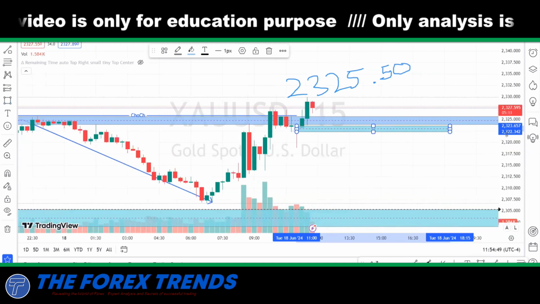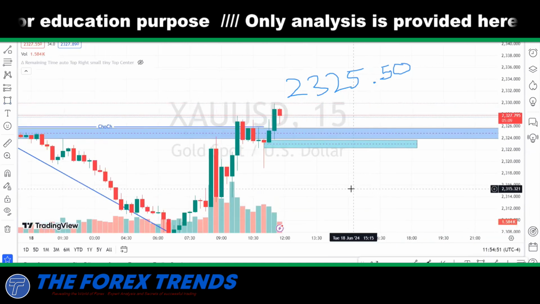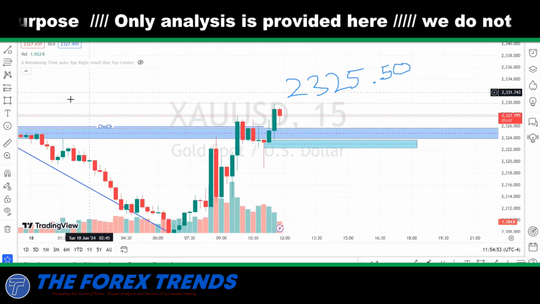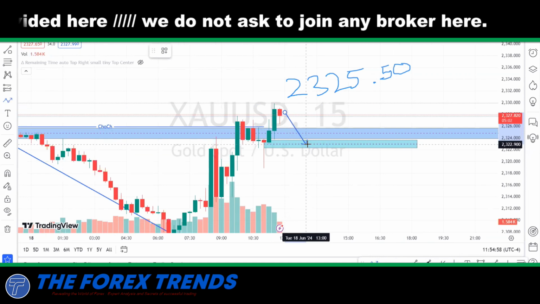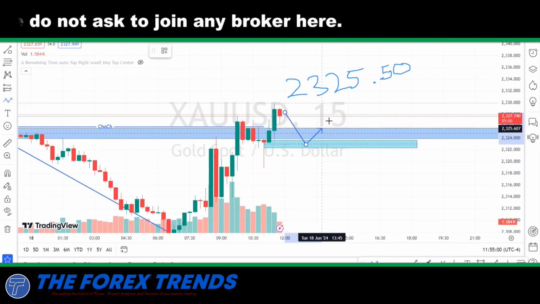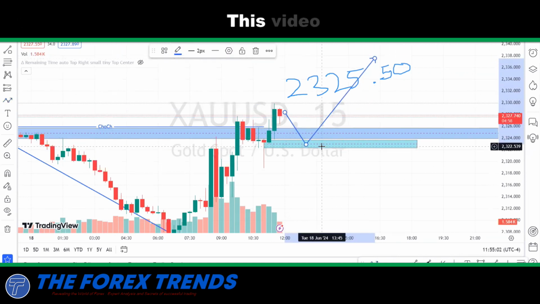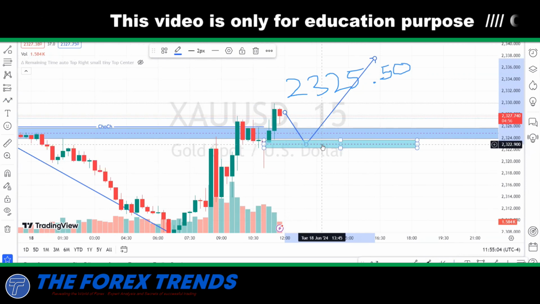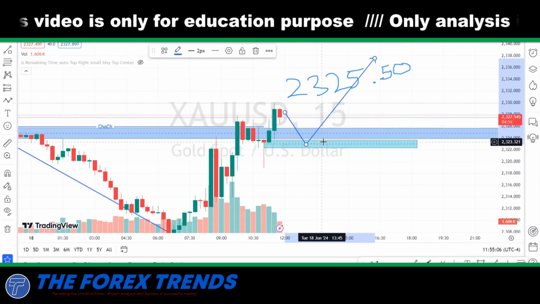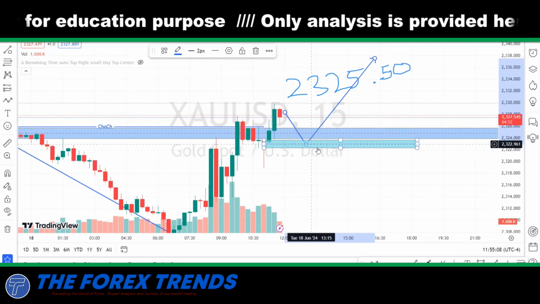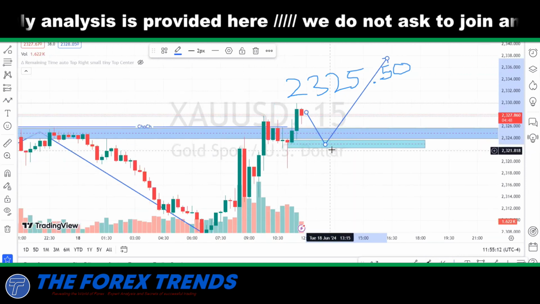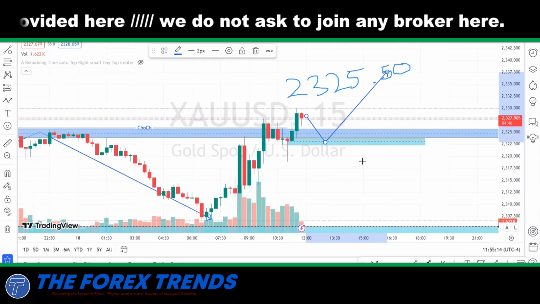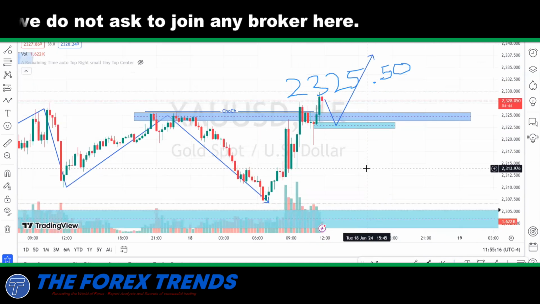In that case, we will shift to the smaller time frame, that is 15 minutes, and we can initiate a buy from here. This is the price of 2322 to 2323. If we get the price at this level after the change of character, we may initiate a buy from here. This is our second trade setup for tomorrow.